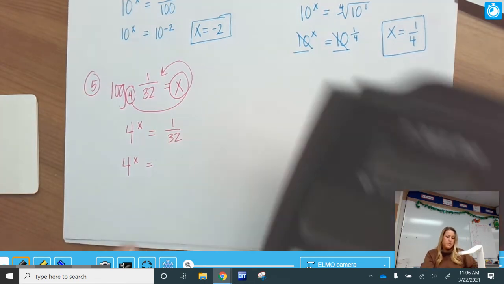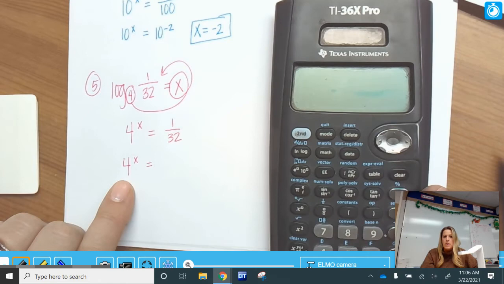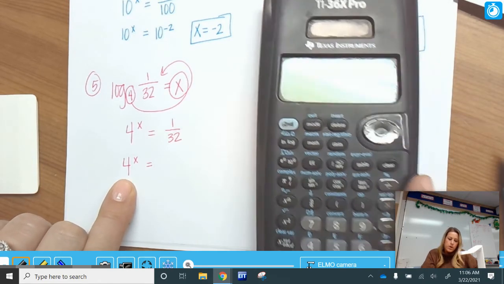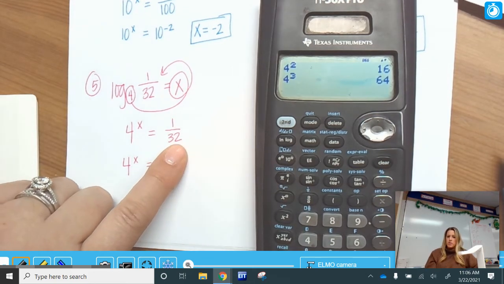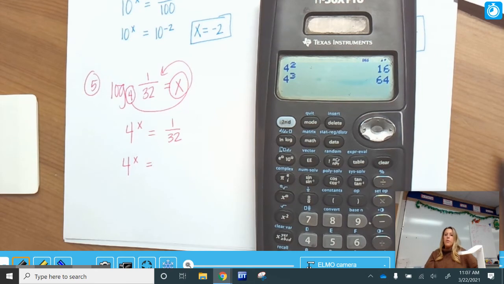We might have to change this 4 because remember this 4 could be a power of 2 as well. If I do 4 raised to the second power, I get 16. If I do 4 raised to the third power, I get 64. I'm not going to get 32. There's no way to get a base of 4 in order to get 32. So I've got to drop it down.